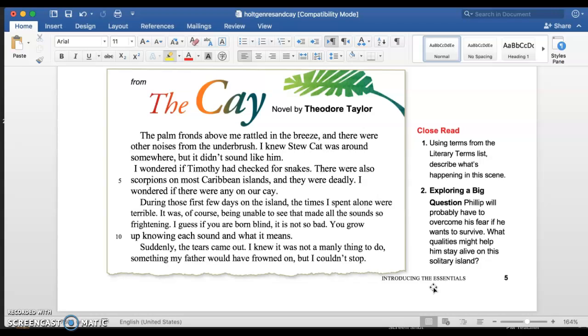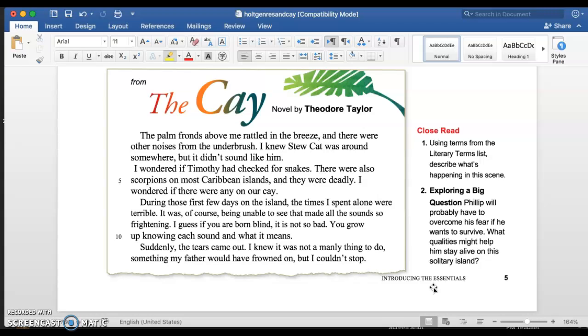During those first few days on the island, the times I spent alone were terrible. It was, of course, being unable to see that made all the sounds so frightening. I guess if you're born blind, it's not so bad. You grow up knowing each sound and what it means. Suddenly, the tears came out. I knew it was not a manly thing to do, something my father would have frowned on, but I couldn't stop.